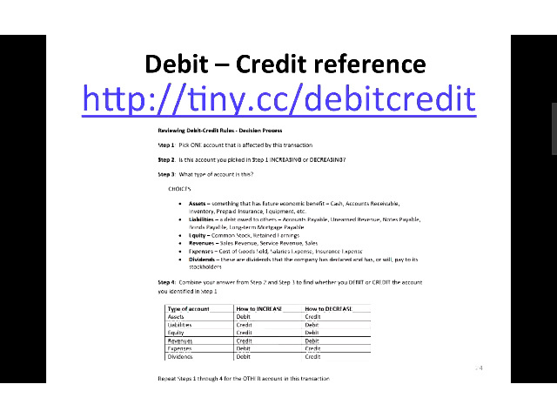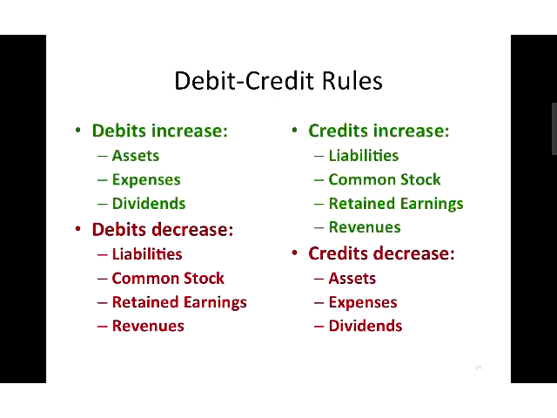So just keep that in your back pocket, because after we finish up all of this, that may become useful to you. I'll send it out in an email, but it's a useful reference as we go. But we're going to go step by step. So our debit credit rules.